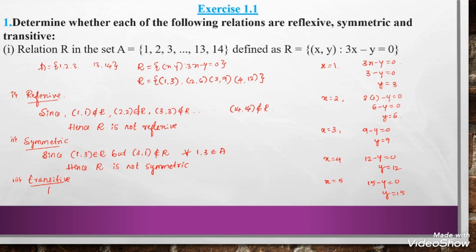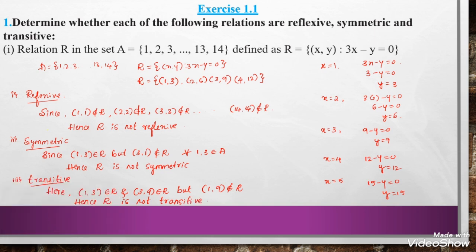Here, (1, 3) belongs to R and (3, 9) belongs to R. But the ordered pair (1, 9) does not belong to R. That's why R is not transitive.